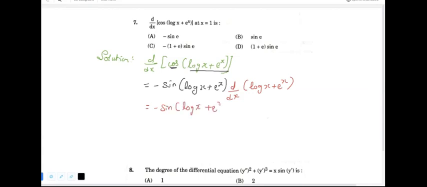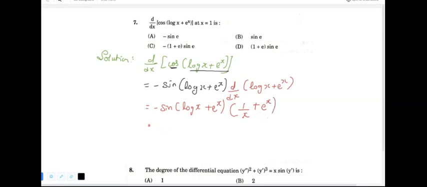Then we differentiate what was in the bracket, d by dx of (log x plus e power x). Log x gives 1 by x, and e power x is e power x itself.